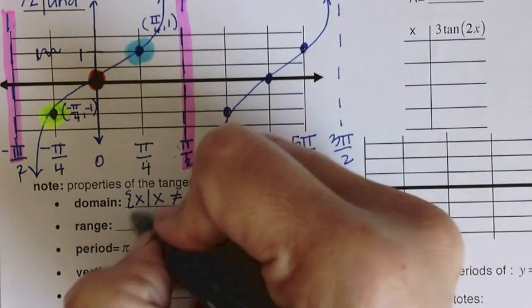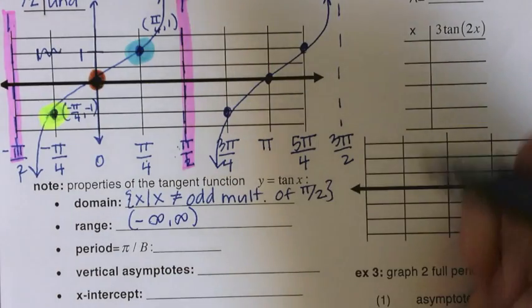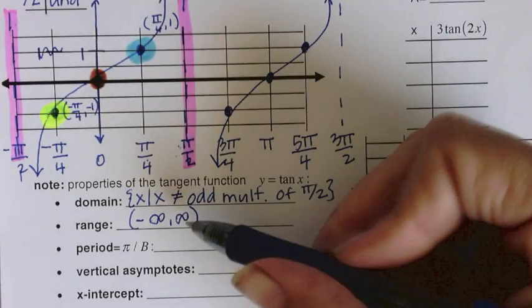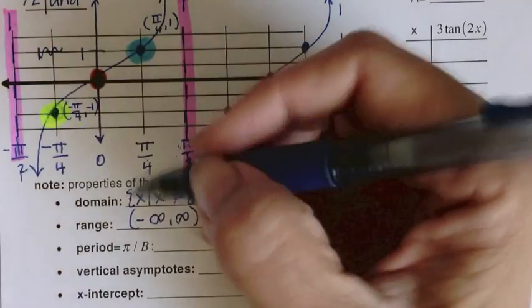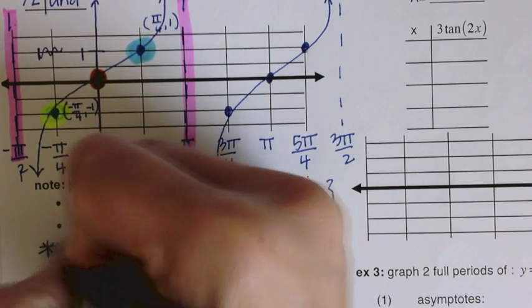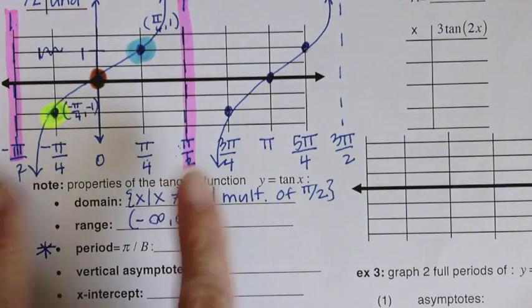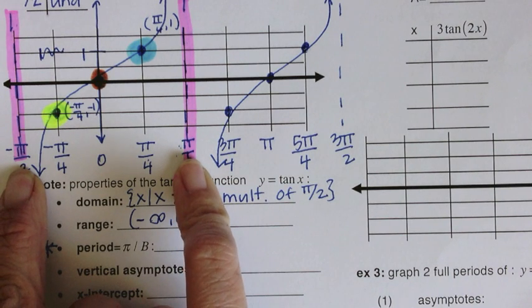What is the range? These graphs go from negative infinity to infinity. So sine and cosine went from -1 to 1, but the range here is from negative infinity to infinity. Here's the other really big difference with tangent. Tangent's period is only pi. So if you look, the distance between negative pi over 2 to pi over 2 is only 1 pi. So tangent repeats after 1 pi.